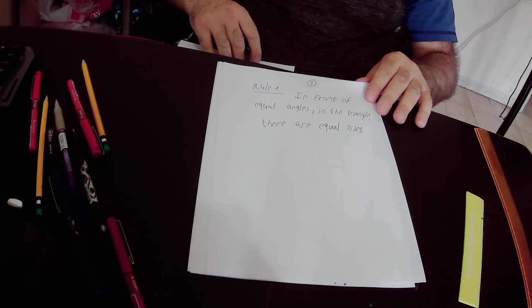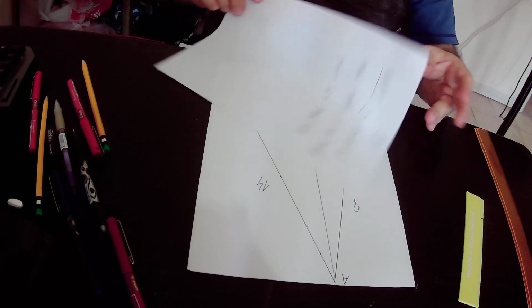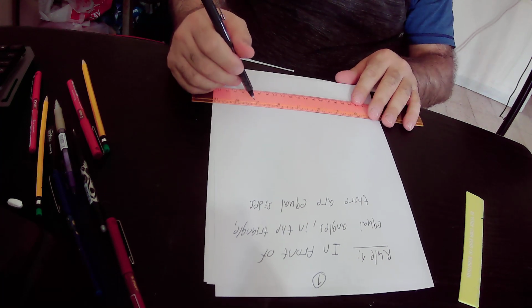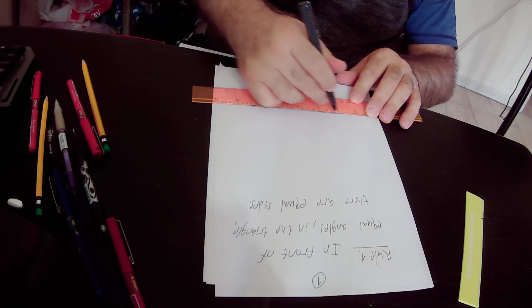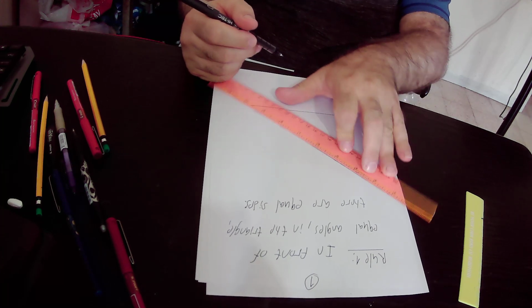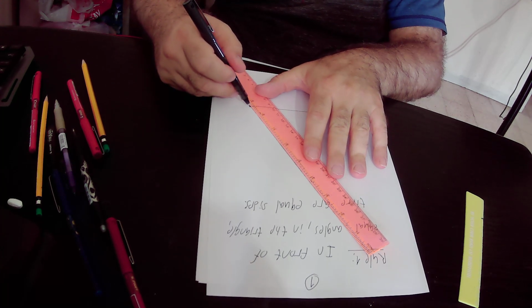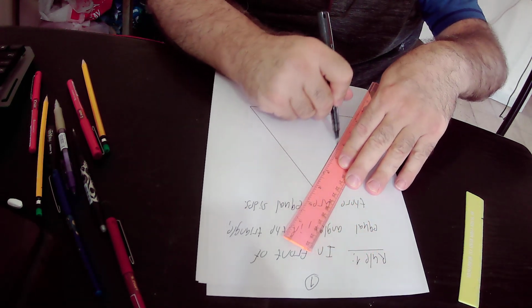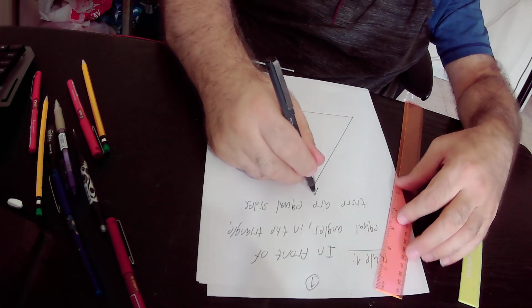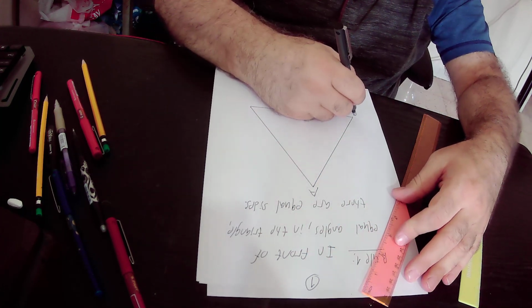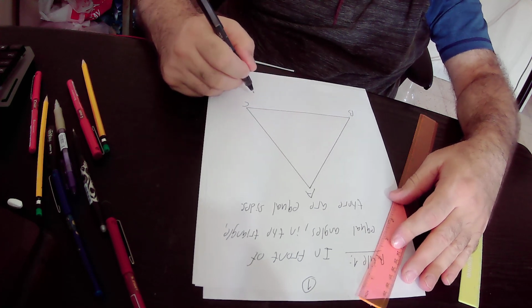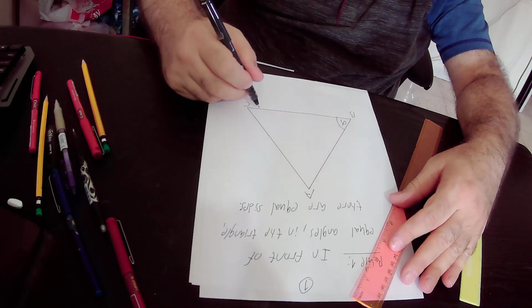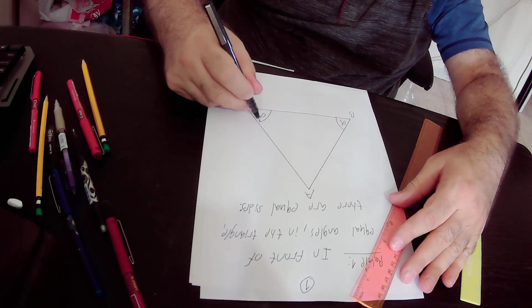So actually, if we have triangle ABC that has two equal angles, this is angle alpha and this is also angle alpha.